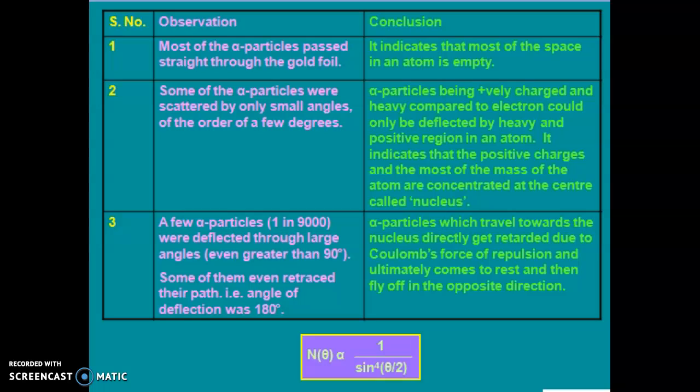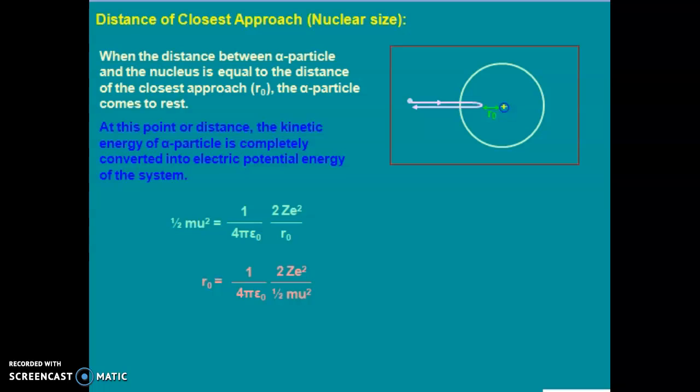Now there are some important terms introduced here also. Distance of closest approach. When the distance between the alpha particle and the nucleus is equal to the distance of closest approach, the alpha particle comes to rest. Suppose here is a nucleus and a beam of alpha particles is going towards it.